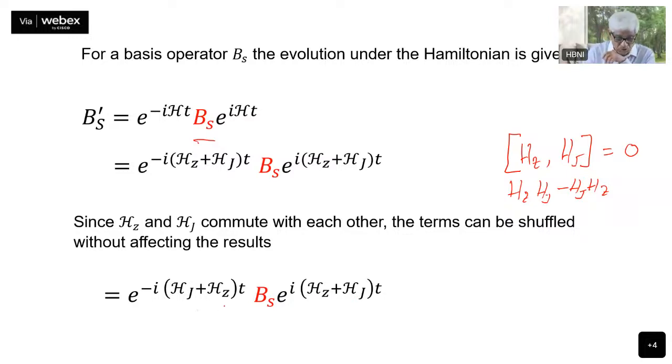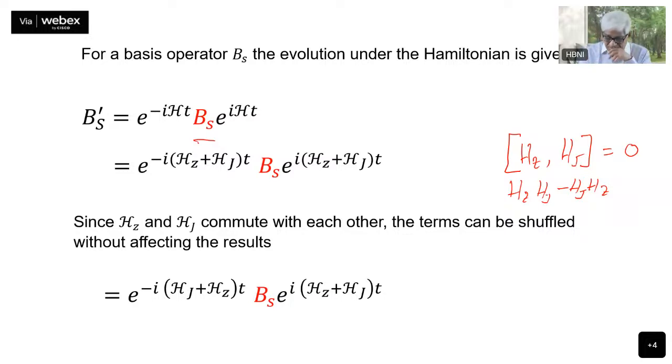So instead of H_Z plus H_J, I write H_J plus H_Z. Why do I do this? Because I can now split this into two operations: one is the evolution under the chemical shift, the other is the evolution under the coupling constant.